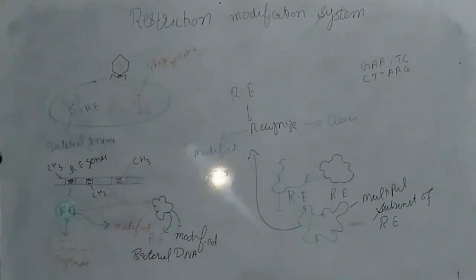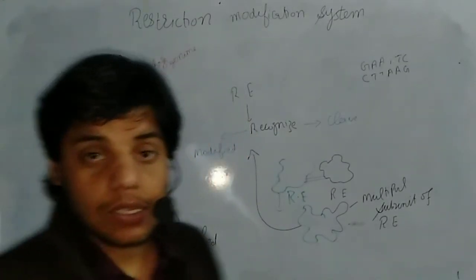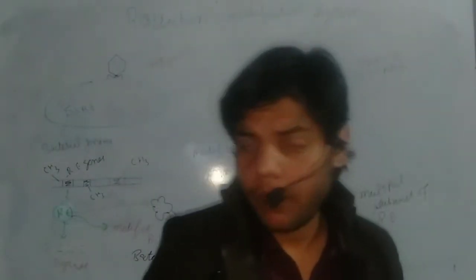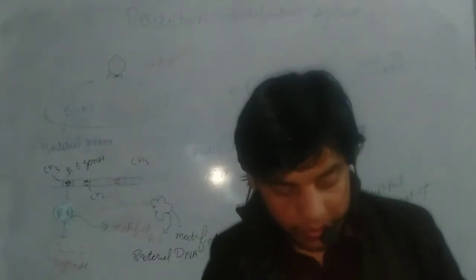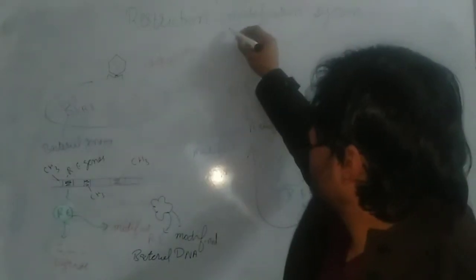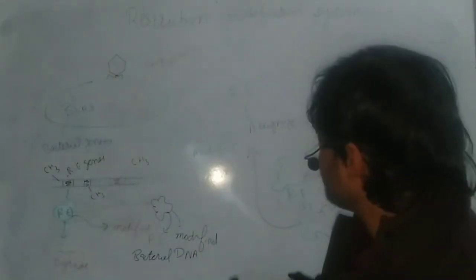This is all about the restriction modification system of the bacterial cell and how the bacterial cell can use it for its protection. Now one thing more that I must tell you about the restriction modification system: it usually happens with the help of methylation.